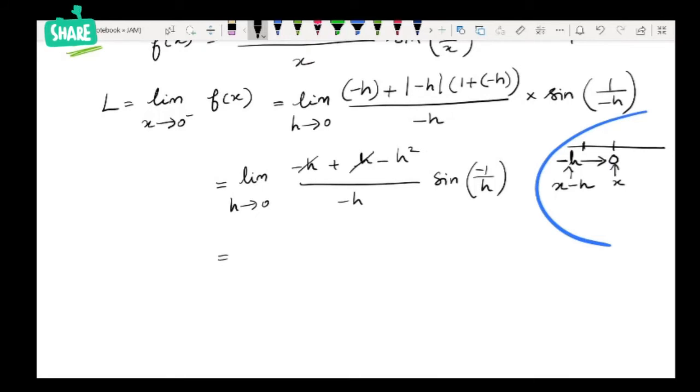The remaining we have is minus h square by minus h, which will leave us with a single h, into sine minus 1 by h. So taking the limit here, we'll have 0 times something. Even though that something is undefined, it is multiplied with a 0, right? So it will become 0.